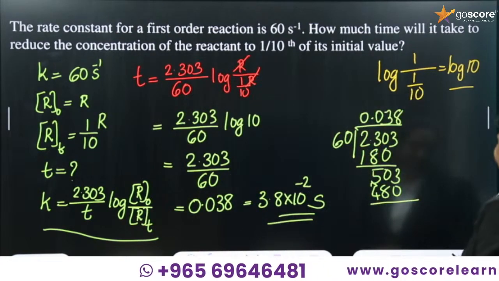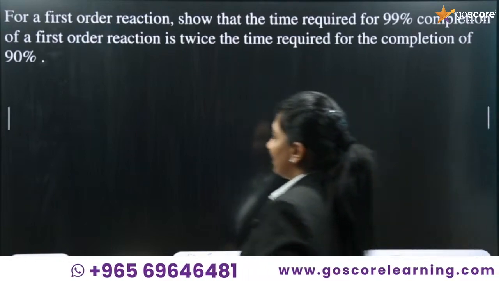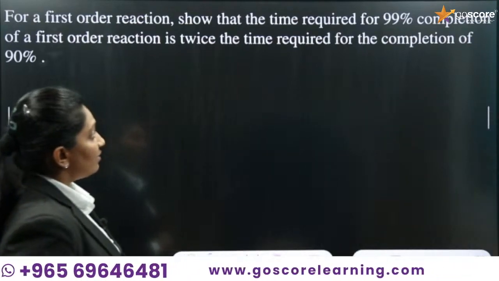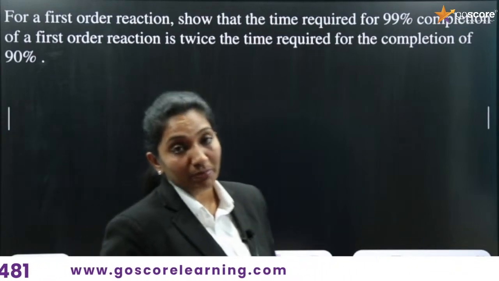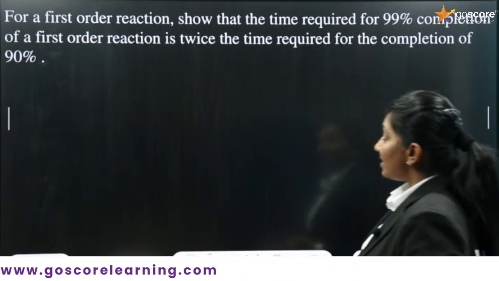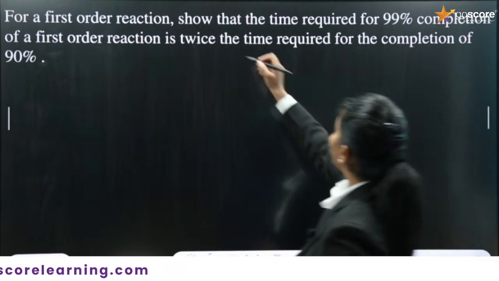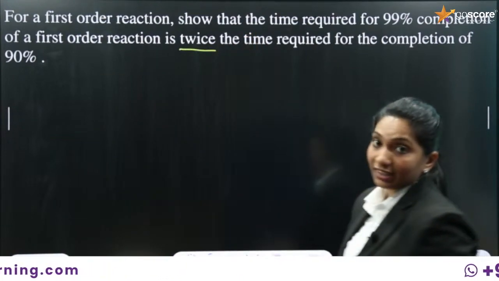Okay, now let's see one more example, that is, for a first order reaction, show that the time required for 99% completion of reaction is twice the time required for the completion of 90%.